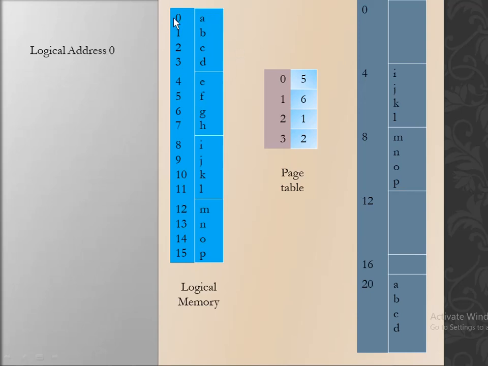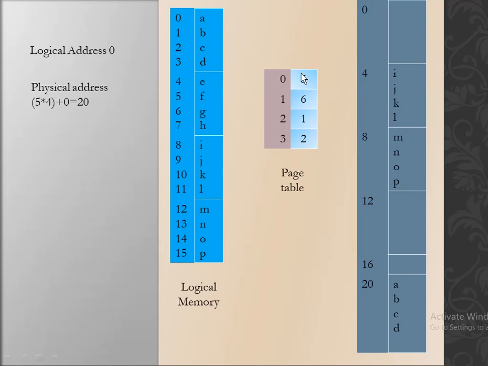Logical address 0 means it is page 0. This is page 0, this is page 1, this is page 2, and this is page 3, right? Logical address 0 is nothing but page 0. Come here, this is the offset, right? Page 0 is the index of the page table. Then you can identify the frame number, but there is a variation in the page size.